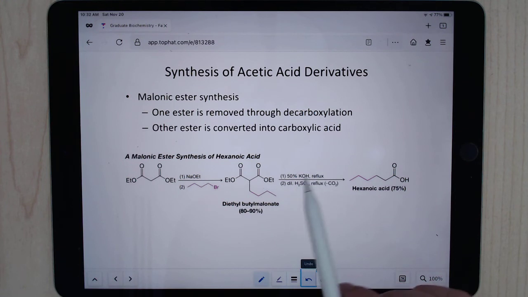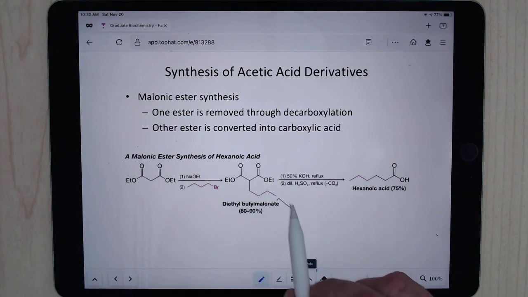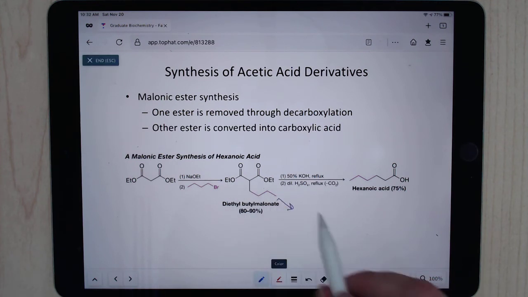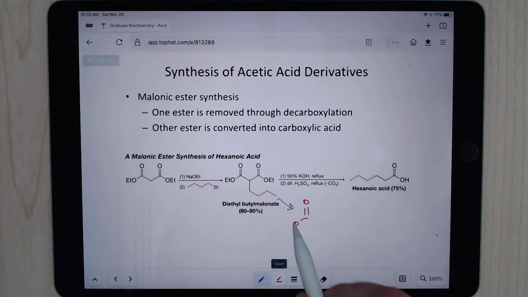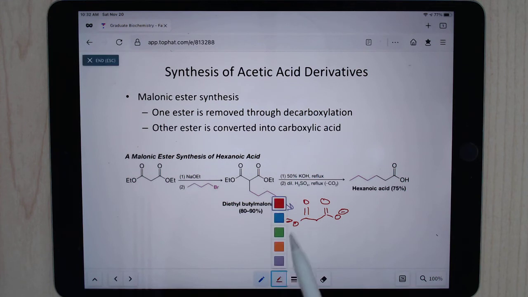Now, if you then put, in this case, potassium hydroxide, that doesn't matter, right? You're actually going to turn both of these into the carboxylate. Then we added our 4-carbon piece here.